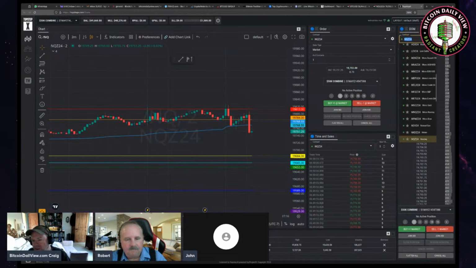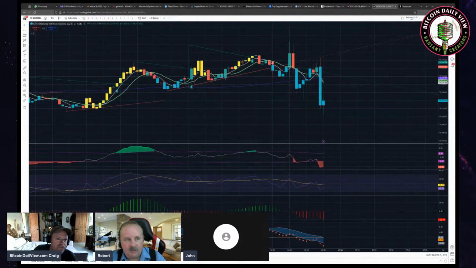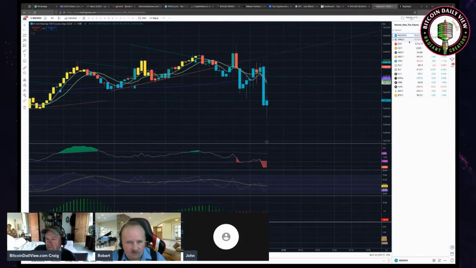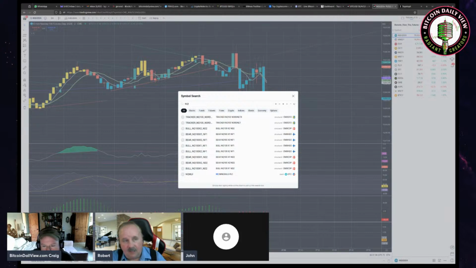If you're trying to look at it on TradingView, you have to type in NQ1 exclamation point, and then you have to choose futures on the tab when the symbol search opens up, and there it is, NQ E-mini NASDAQ, and that will give you the new contract. And on TopStep X, it's automatic. NQZ.